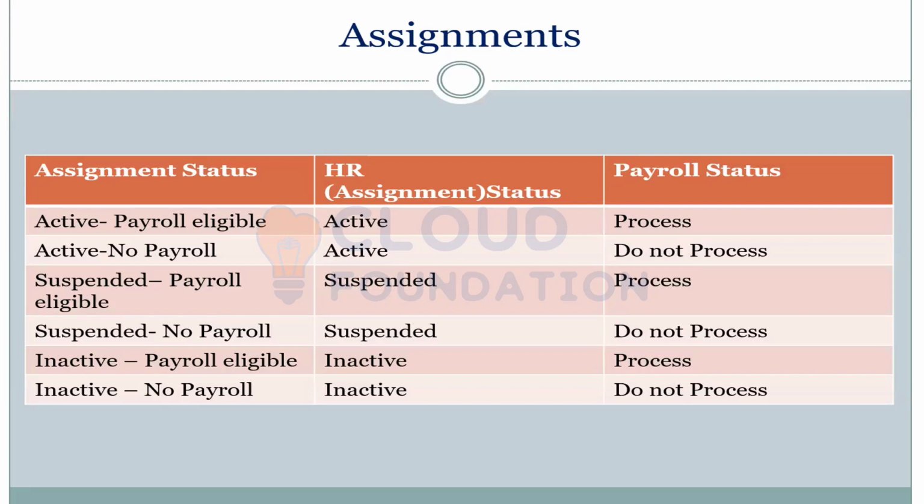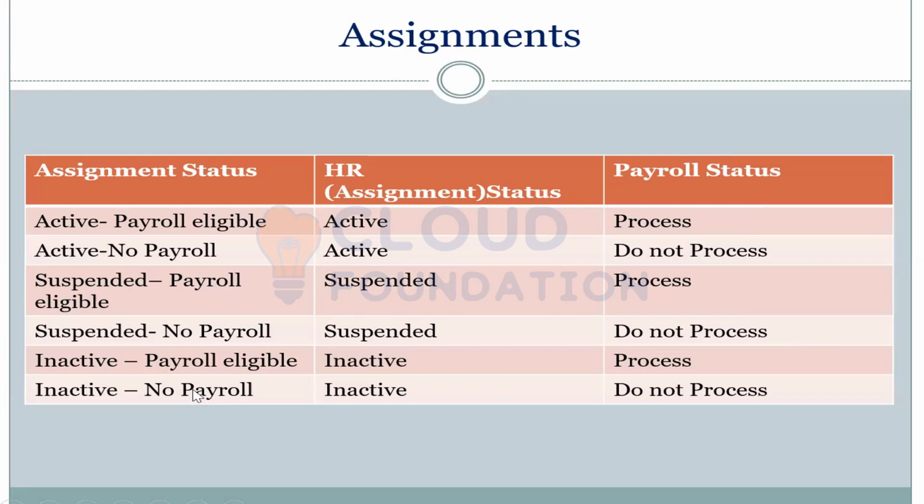In that case the assignment status is suspended, but the payroll status will be processed. Payroll will still be running on that. It's not that the payroll will not be running.